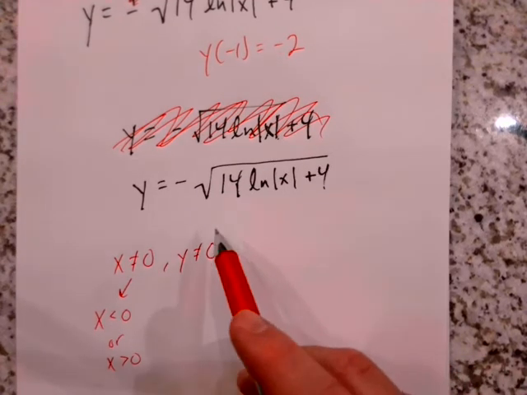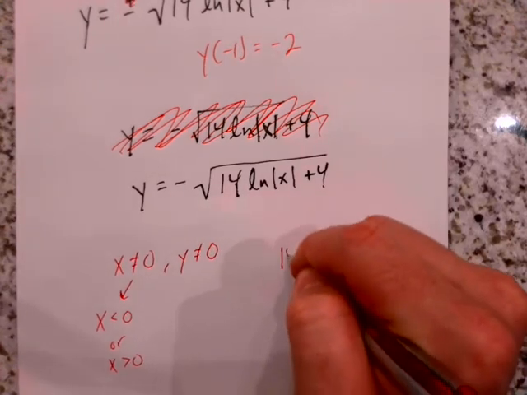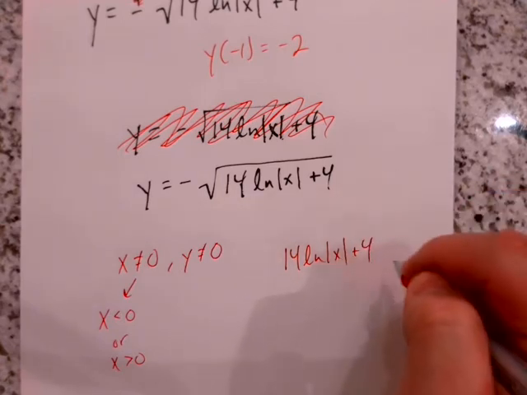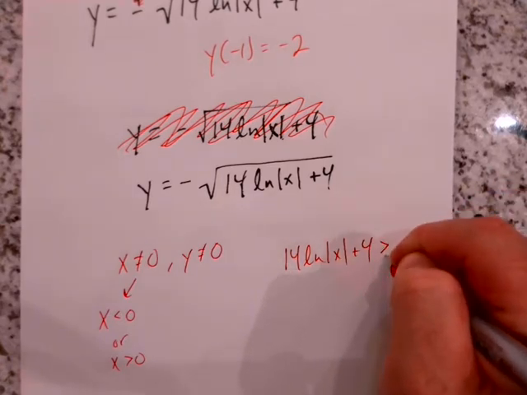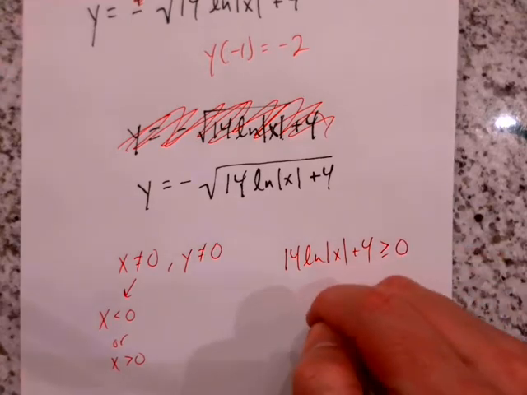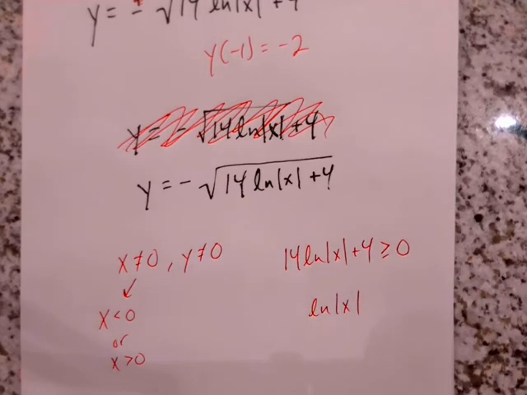From our solution, we have a radical. A radical has a constraint that the inside cannot be less than 0. So we need that to be greater than or equal to 0. So we solve that out. Subtract 4 and divide by 14.